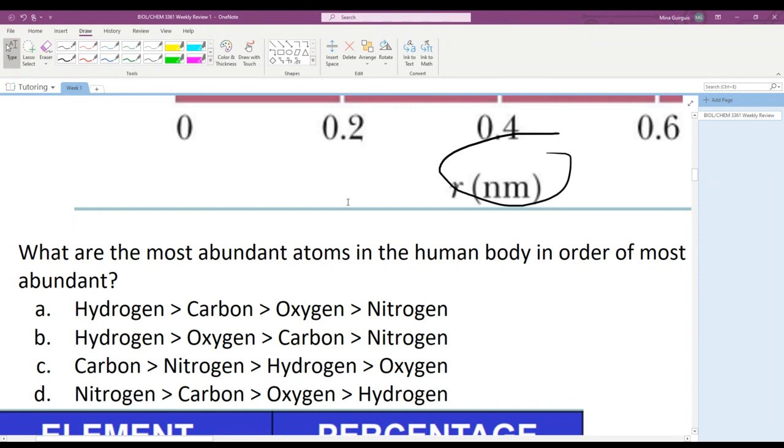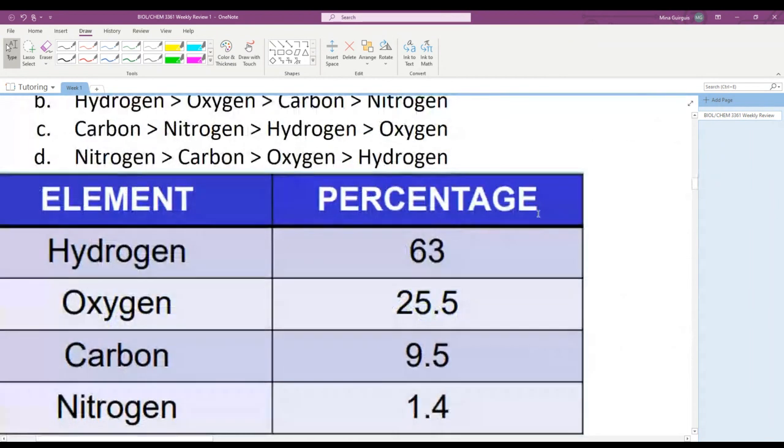Okay, so like I was saying, this question is more to remind you this can be asked, and it has been asked in the past. The way that I like to remember this one is we're 70% water. If we're 70% water, that means most of us is H2O. And in water, hydrogen is more abundant than oxygen.